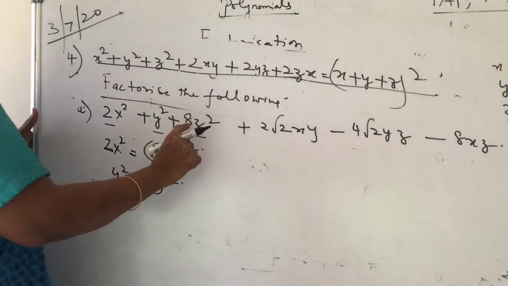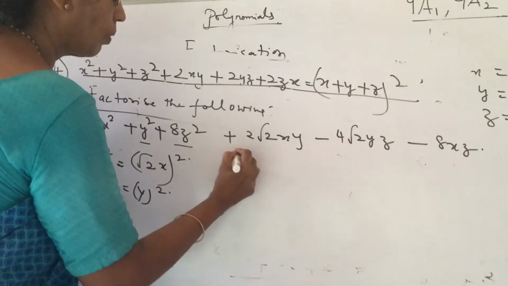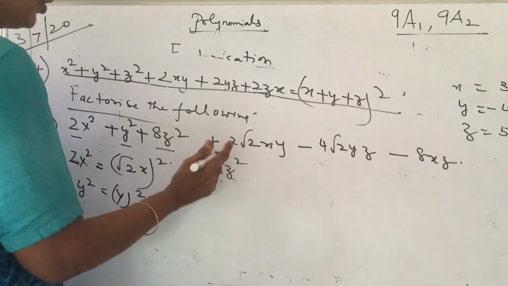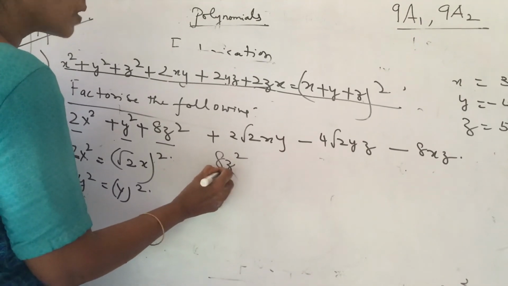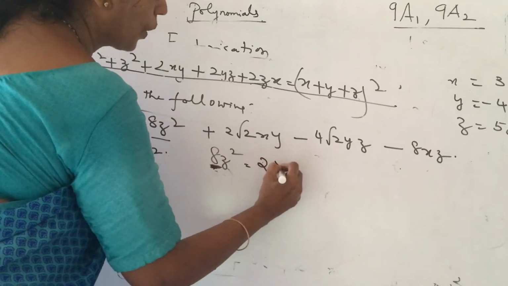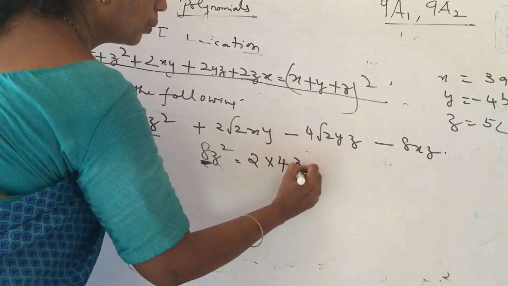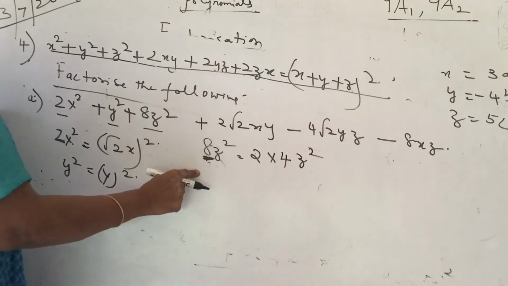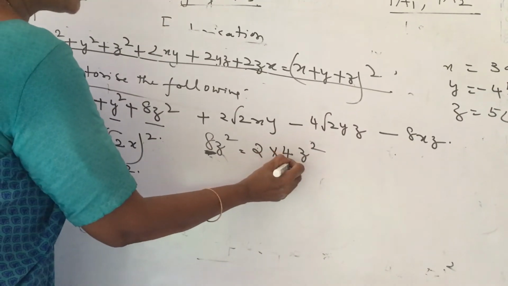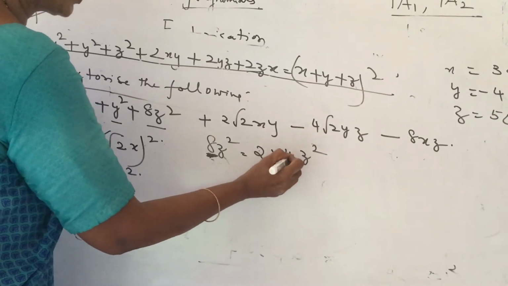Now coming to 8, children. 8z square. You should get 8 as a square number. What is 8? Can you write 2 into 4 z square? Already 4 is a perfect square, children.